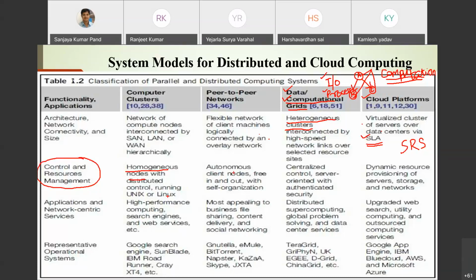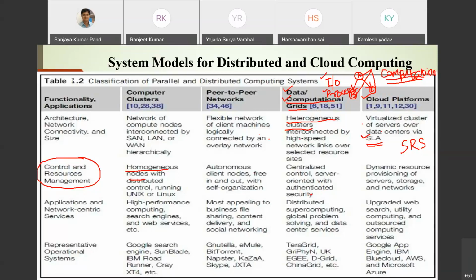In a P2P network, there is no master-slave relationship, it is free in and free out. At any point of time, a node may join. At any point of time, a node may leave. In a P2P network it is fully decentralized in nature. A grid is server oriented with authenticated security.